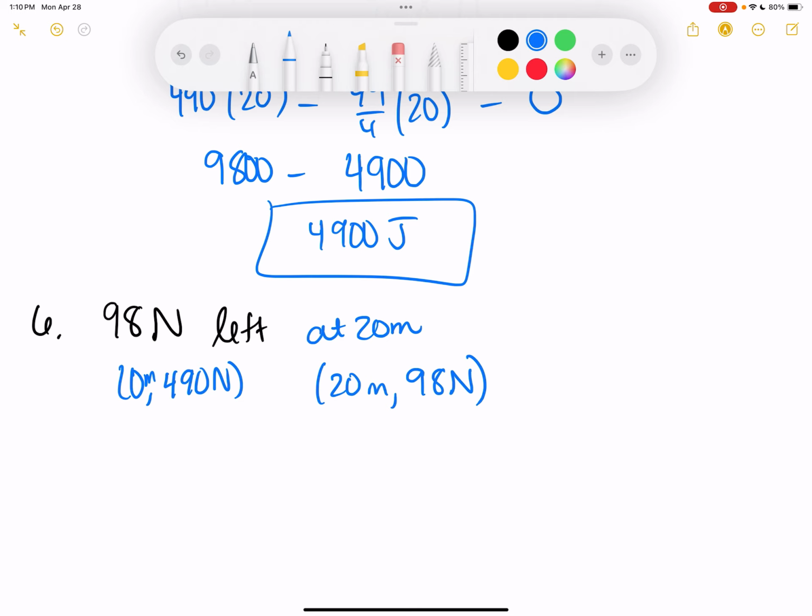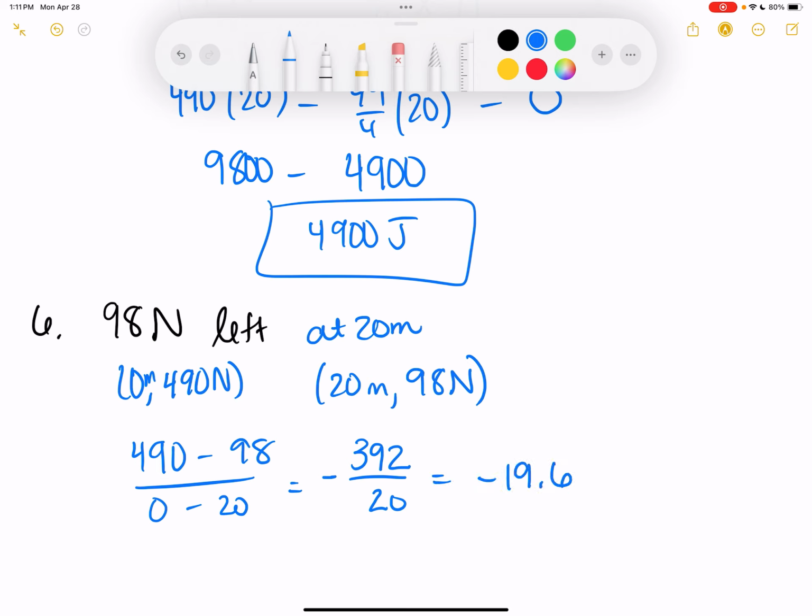It doesn't matter, obviously, if we do y2 minus y1 or x2 minus x1, it's going to end up giving us the same thing. So I'm just going to do 490 minus 98 over 0 minus 20. So we've got 392 over 20, and that whole thing ends up being negative, and that reduces to 19.6.